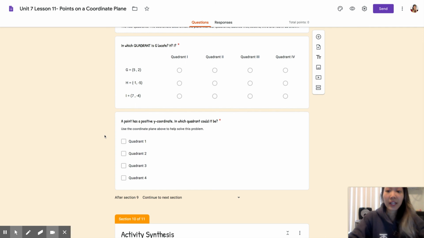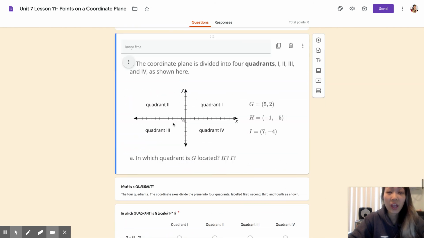All right, so the second question is, a point has a positive y-coordinate. Which quadrant could it be in? So if the y is going to be positive, let me draw it out for you. If the y is going to be positive, so the y is all of these, what quadrants can it be? So I'm going to look at, if this, the x would be positive, comma, the y would be positive, right?